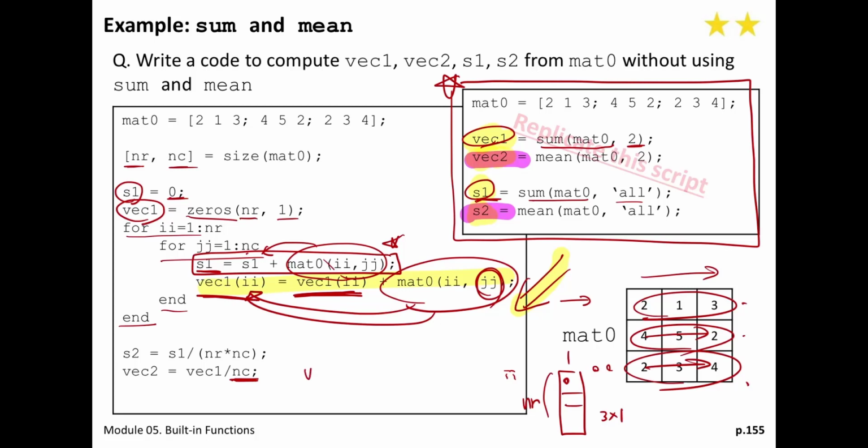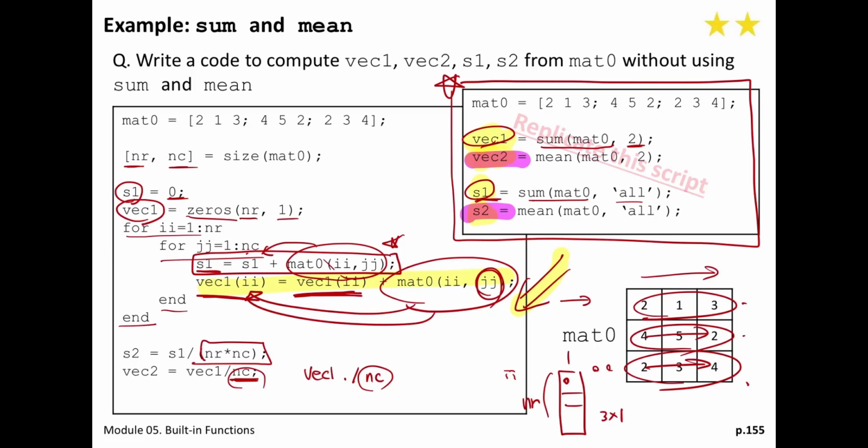But here we don't need to write a script like this. Both are the same when a scalar is involved. How about the mean of all the values? You can divide by the number of all elements, that is nr times nc.